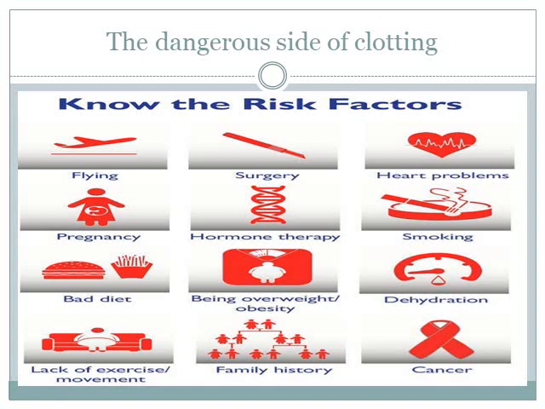Okay, so the coagulopathy side of the house is associated with your family history, your hormone therapy, your surgery, and in some cases, your cancer. When we start looking at a change in blood flow, we move into your flying, heart problems, pregnancy, lack of exercise, and cancer as well.